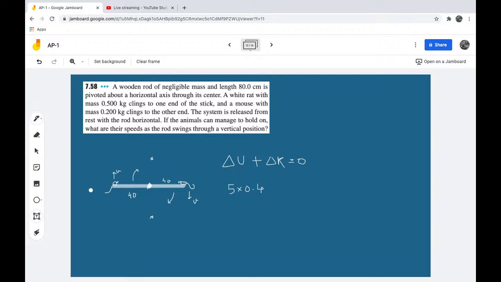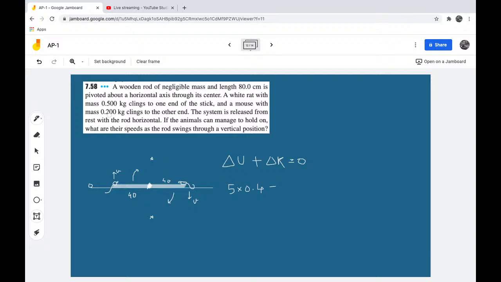But this is going down. Remember, I'm taking 0 of potential energy at the center. This is very important: the zero of the potential energy reference is the center. So this one is losing potential energy, and its loss will be minus mgh.